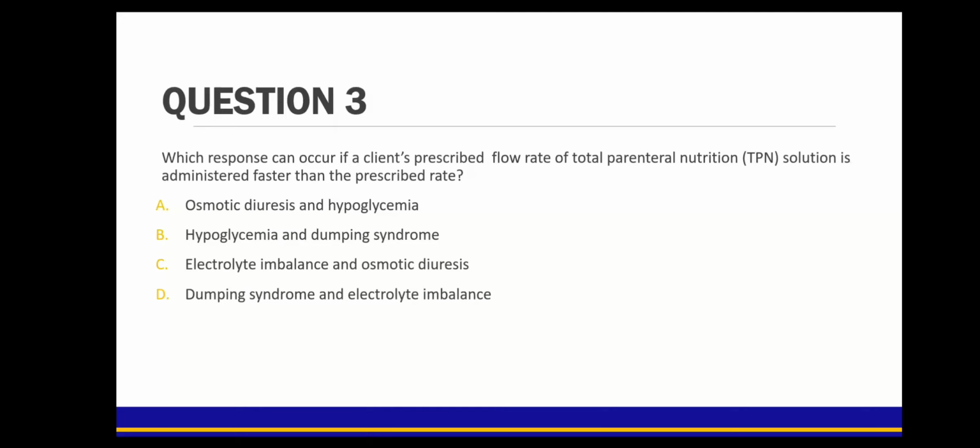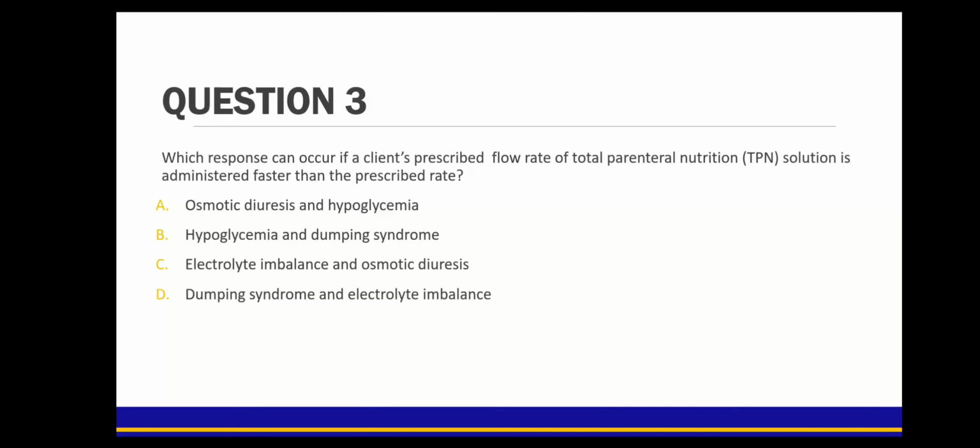If you're giving it too fast and you're not allowing the insulin in the body to work, what you're going to have is hyperglycemia, not hypo. So even though you may have osmotic diuresis, you're not going to get hypo, you're going to get hyperglycemia. Does that make sense? If you're giving the TPN too fast.